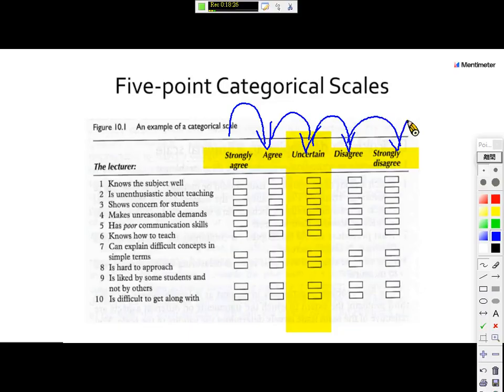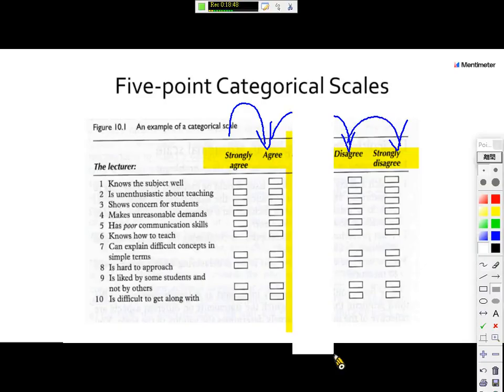Okay. Then, why do we want to have an odd number instead of an even number? It's very simple. It's easy for us to calculate. For example, if we only have 4 items here, right?